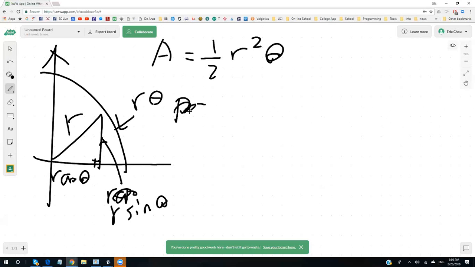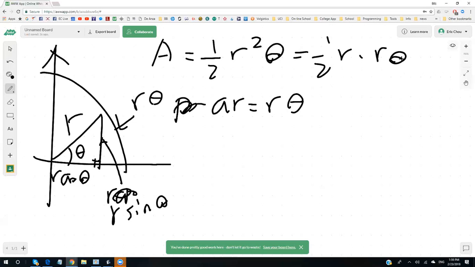Okay, this arc equals r theta, right? And this area is 1/2 r times r theta. So that gives you the detailed information for a piece of pie. You have the theta and the area.